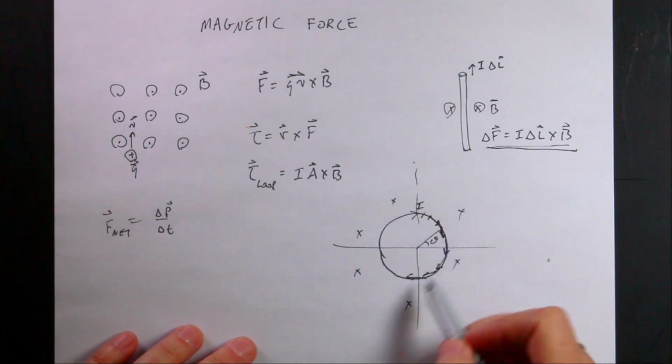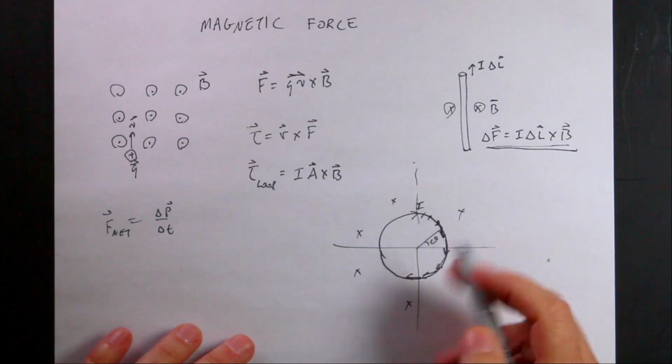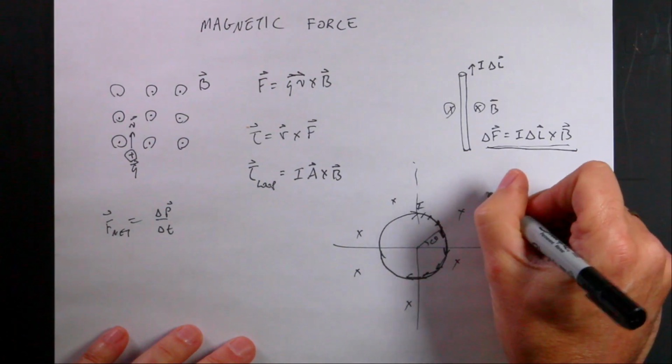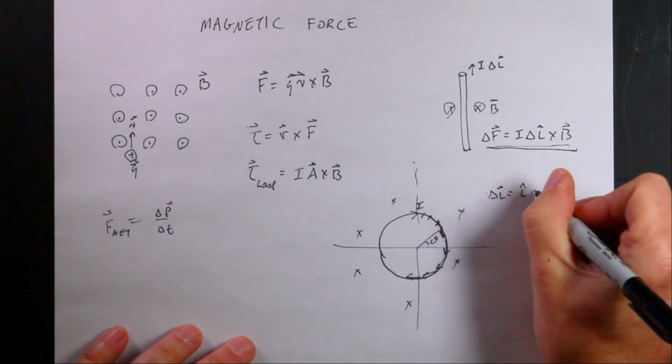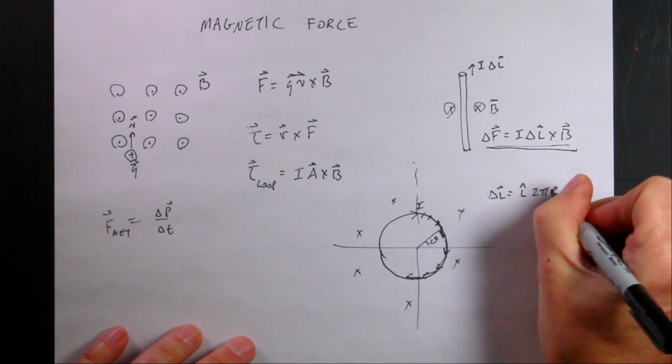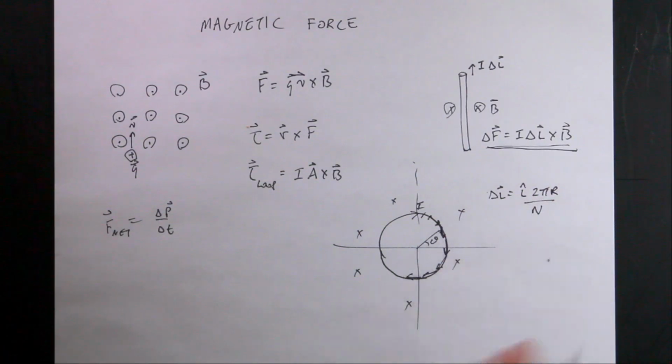Well, the magnitude, I just break it into pieces, and the total magnitude has to be 2 pi r. So if I break this into n pieces, then delta L would be L hat times 2 pi r, where r is the radius of the ring, divided by n, the number of pieces. I did all this. I'm going to reuse that code, because I don't want to set that up again.